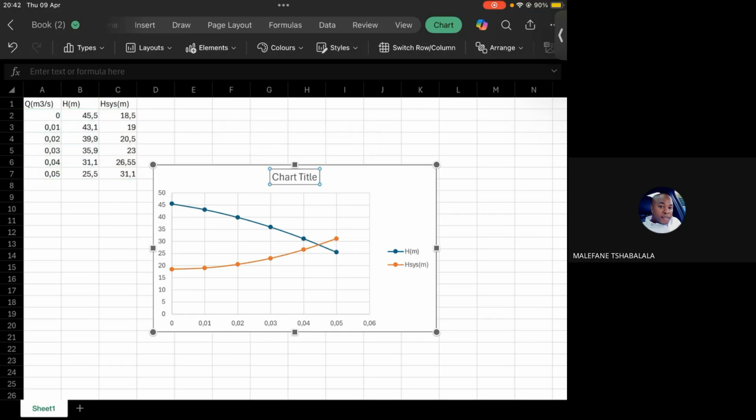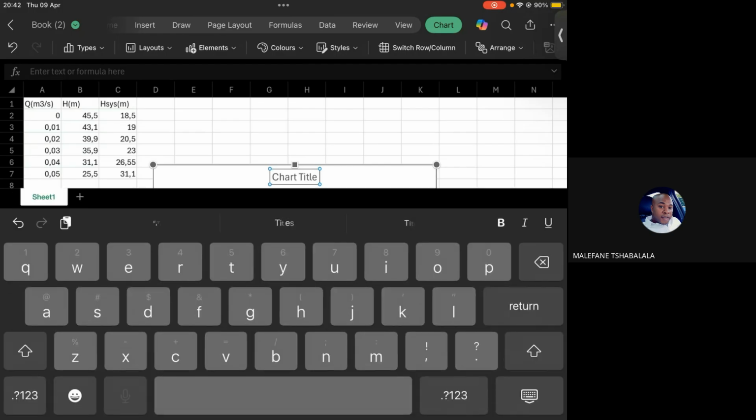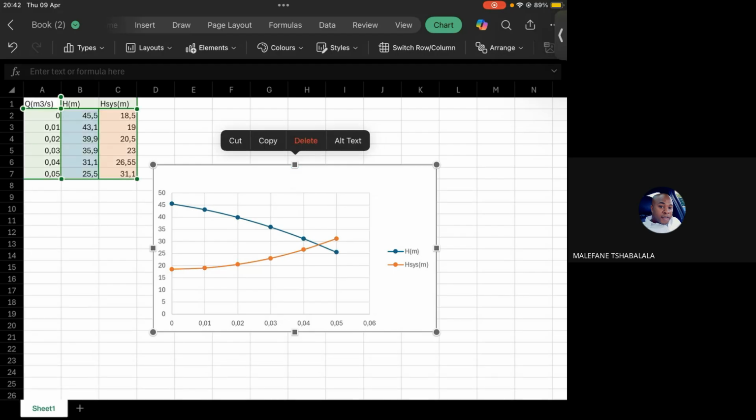It only allows me to go down instead of highlighting the entire table. I don't know what the cause could be.